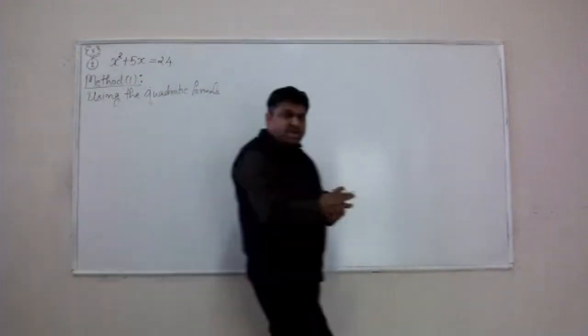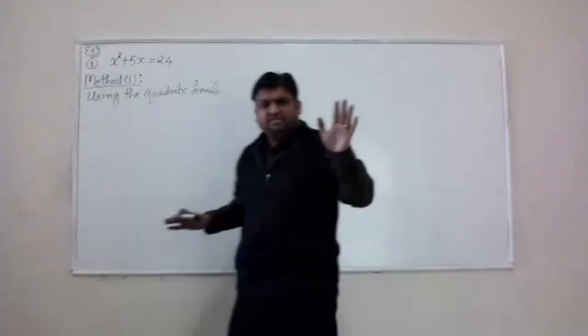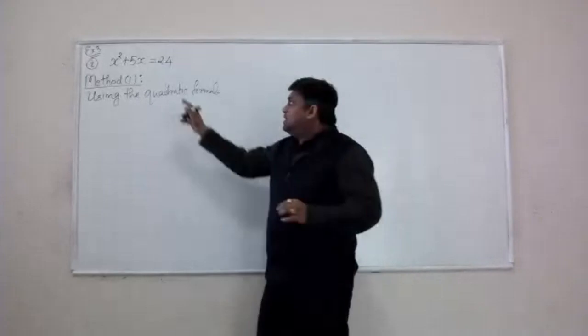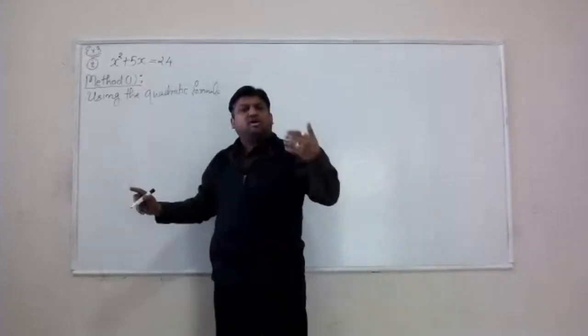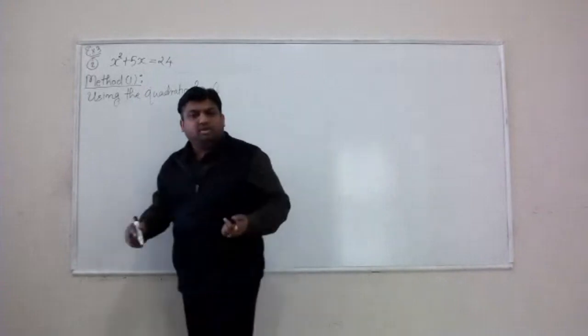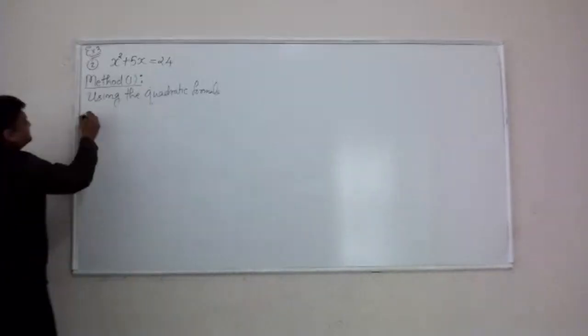I'm going to work step by step. The first step is simple. Convert this into the standard form and then figure out what A, B, and C are. So let's do that. Here is the first step.